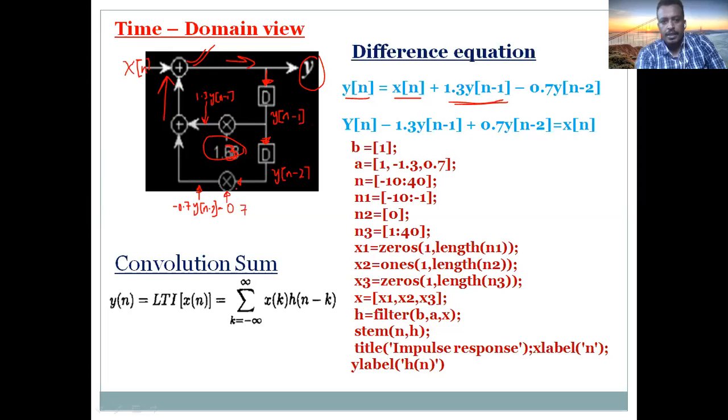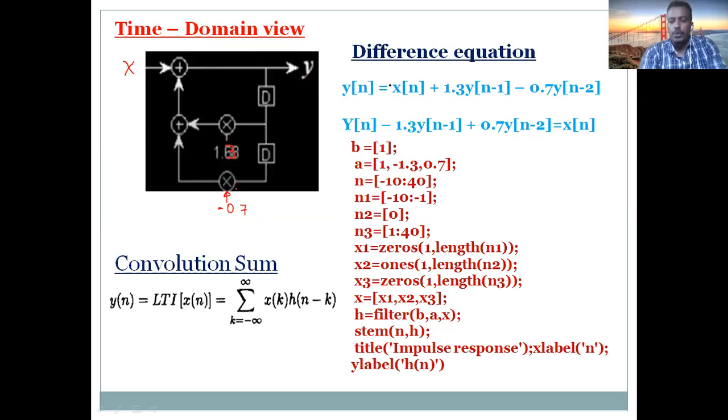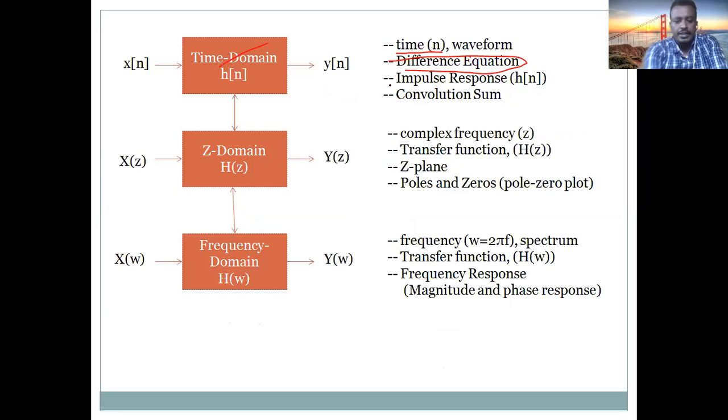Another signal, this part, y n minus 2, the output delayed by 2 times, because we have 2 delay elements in series, multiplied by a constant 0.7 and added together to the input side. So this equation is our difference equation. When you write an equation which relates input and output in the time domain, we call it a difference equation.